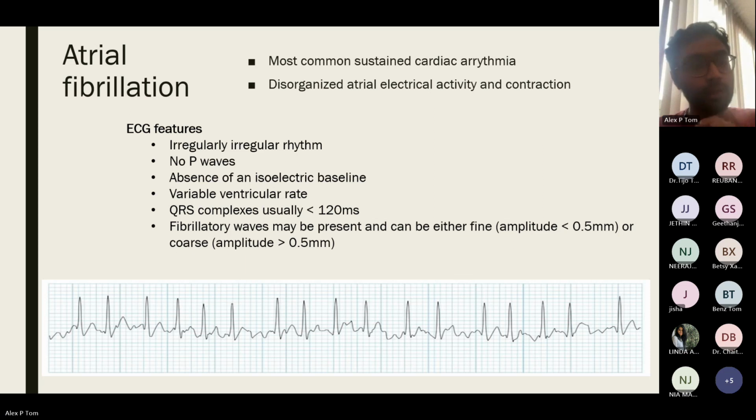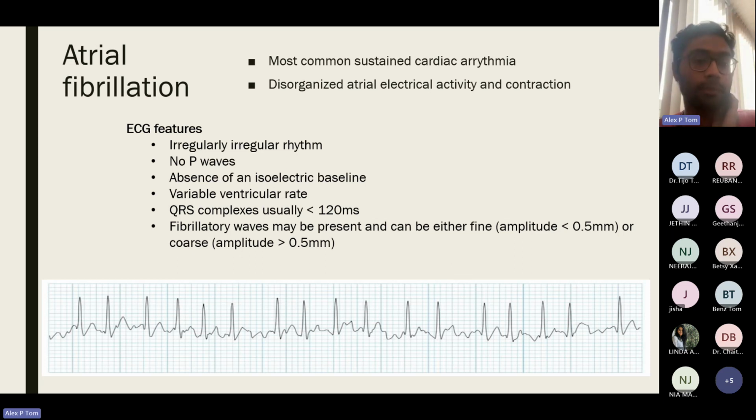So the important ECG features that you need to look at are an irregular rhythm. You can't see a P wave. These are fibrillatory waves. You can't call them a P wave. So, absent P waves. You might even see an ECG with an irregular rhythm with almost flat lines. The fibrillatory waves can be very fine, so you won't even be able to make them out.